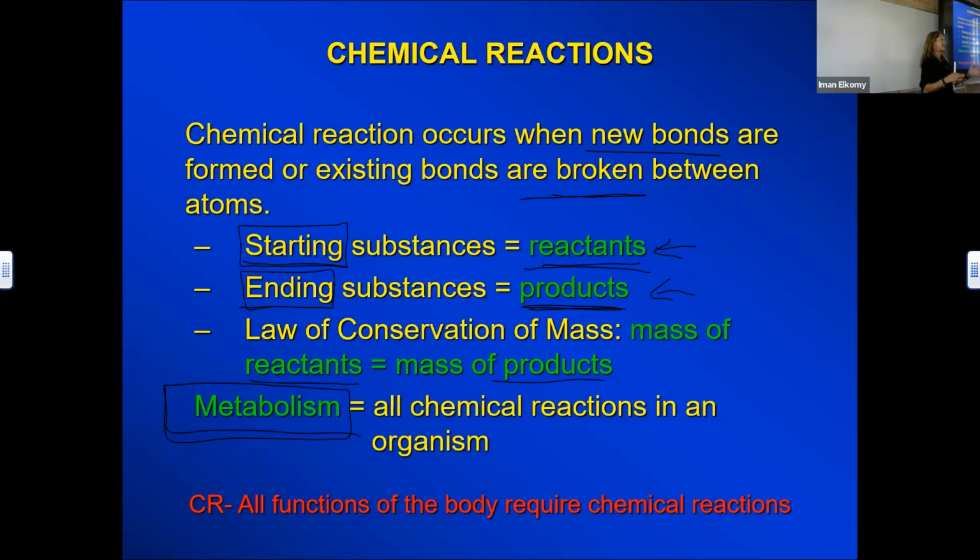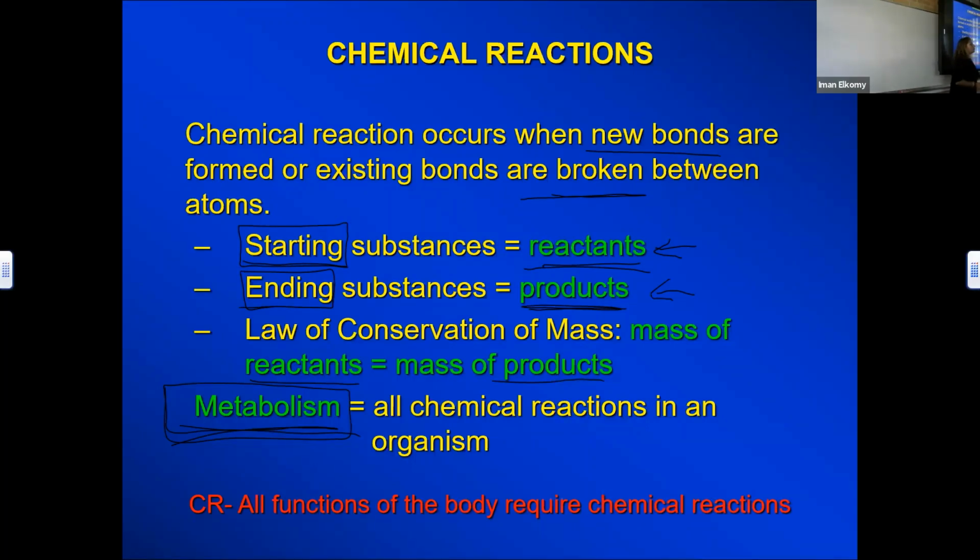Any chemical reaction that happens in our body, the sum of all of that is what we call metabolism. Whether we are breaking things down or building things, it's called metabolism. Any questions on these definitions? A chemical reaction is any time you make or break a bond, or bring two things together or separate them.